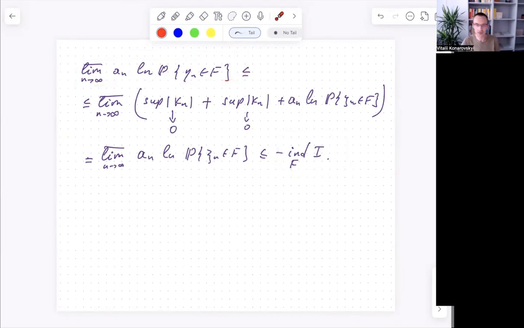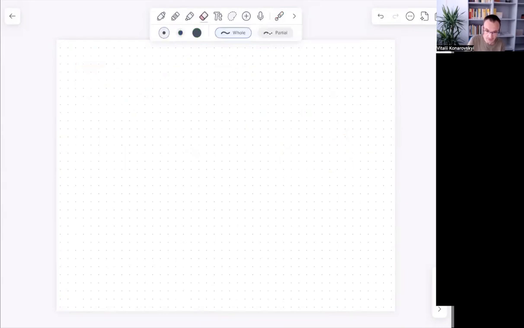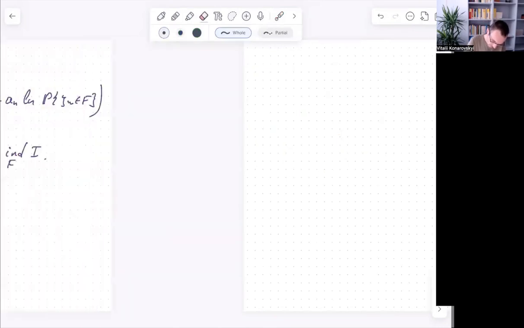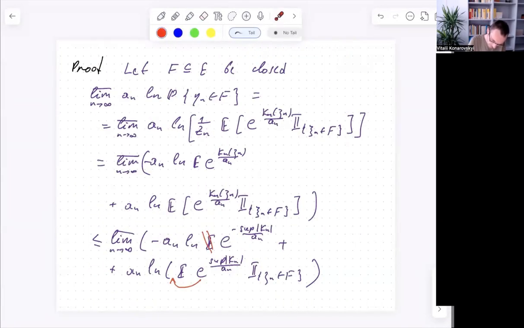And now similarly, we can also get the lower bound. Let's start from the next page. Maybe I will copy some part and then we will make some changes.